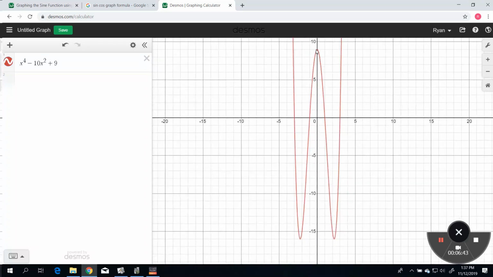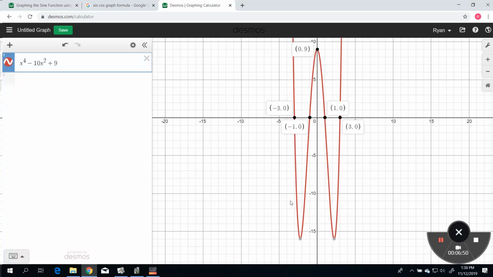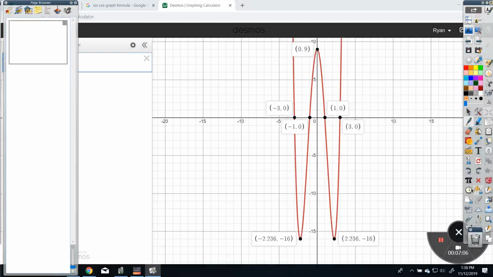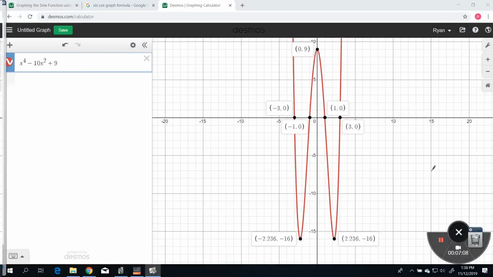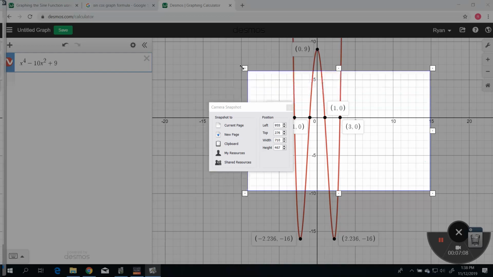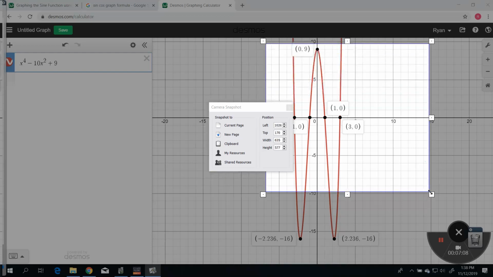So these are my key values that I ought to look at. So I'm going to draw those on my graph. And actually, for the sake of this video, I'm going to cheat.